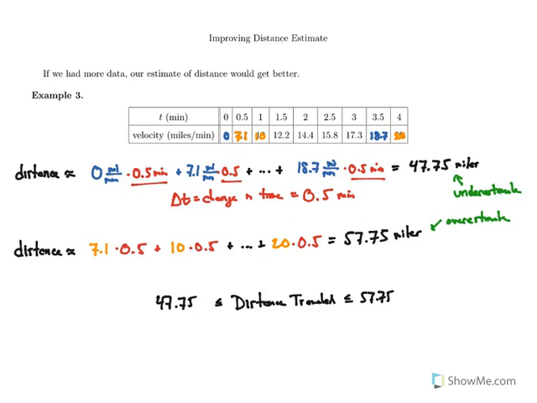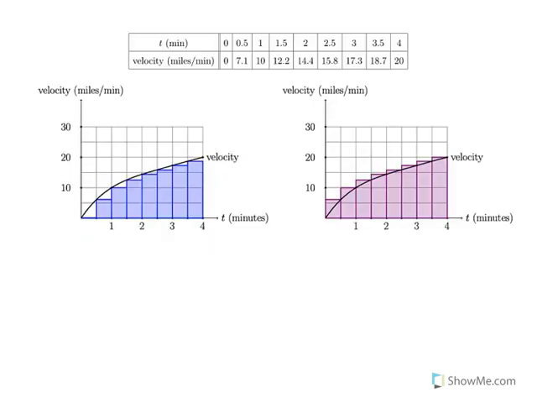If we look at the pictures here, now we have 8 rectangles that we're drawing instead of 4, because we have 8 half minutes. But again, we can see that the first one is an underestimate because we are leaving space underneath the curve that's not being counted.